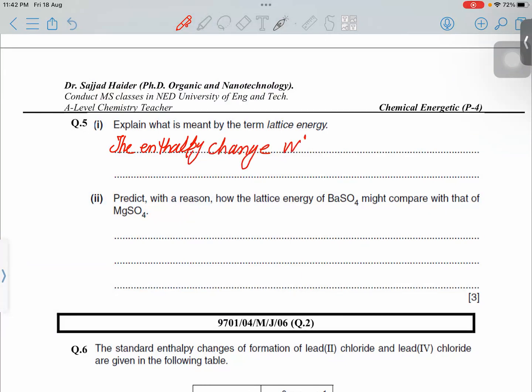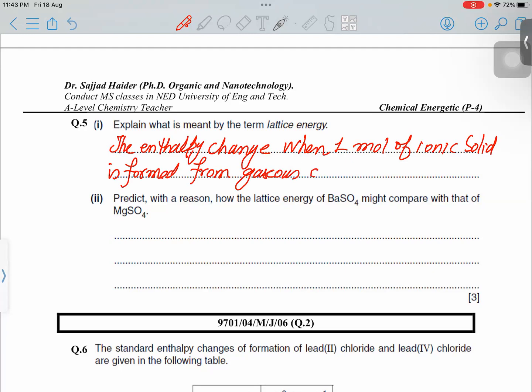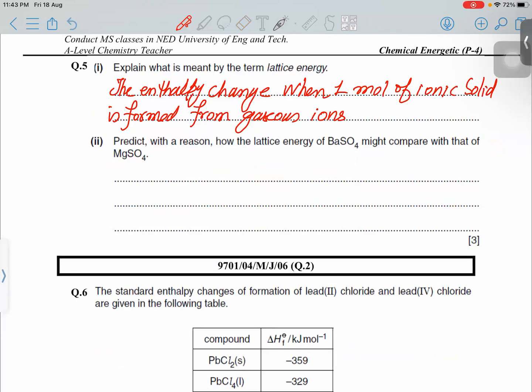Enthalpy change when 1 mole of ionic solid is formed from gaseous ions.